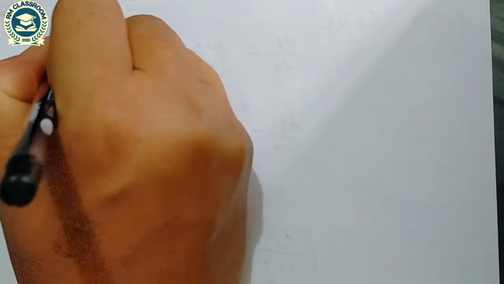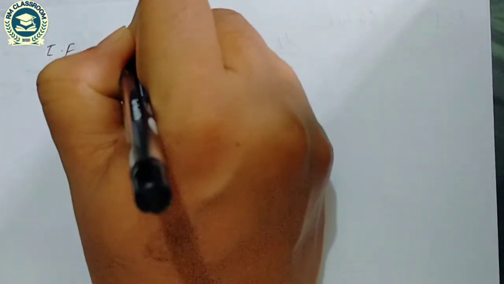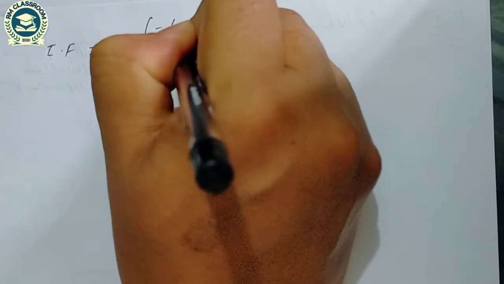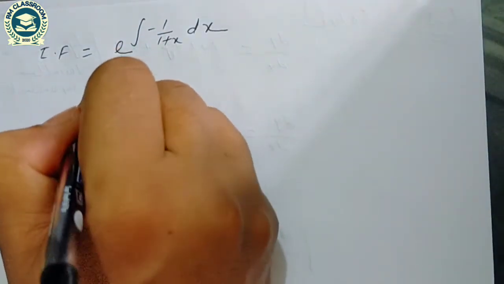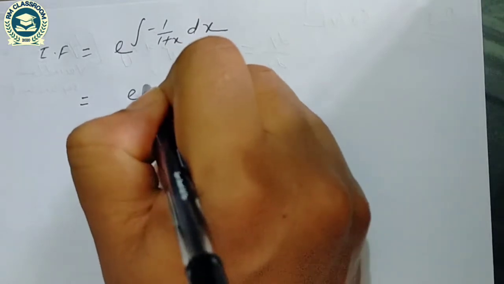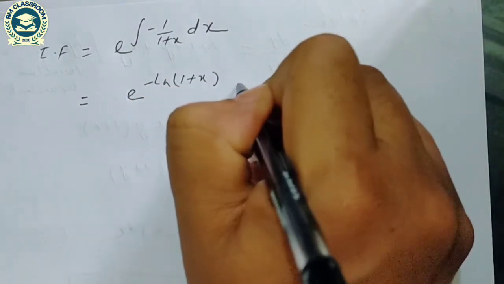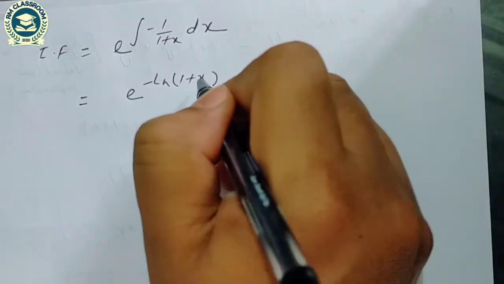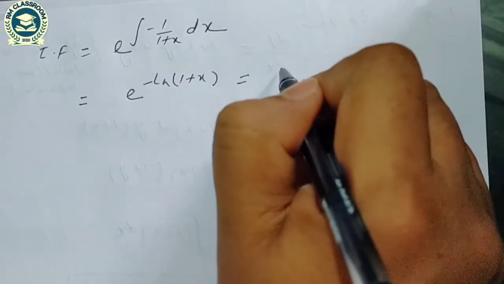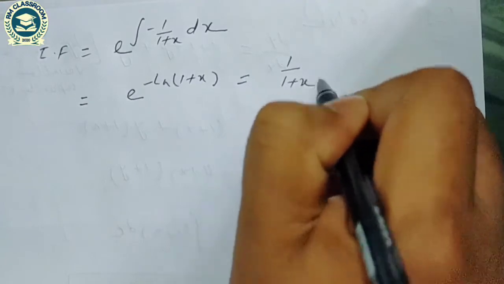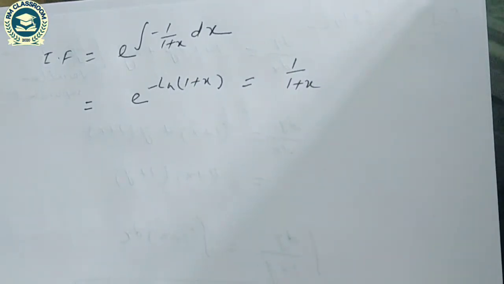So the integrating factor is equal to e to the power integral of minus 1 by (1 plus x) dx. So e to the power minus ln(1 plus x), which gives 1 by (1 plus x) as the integrating factor.